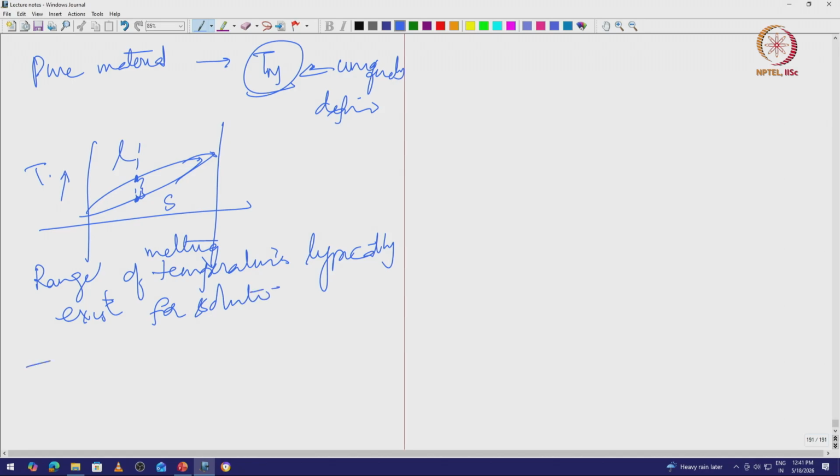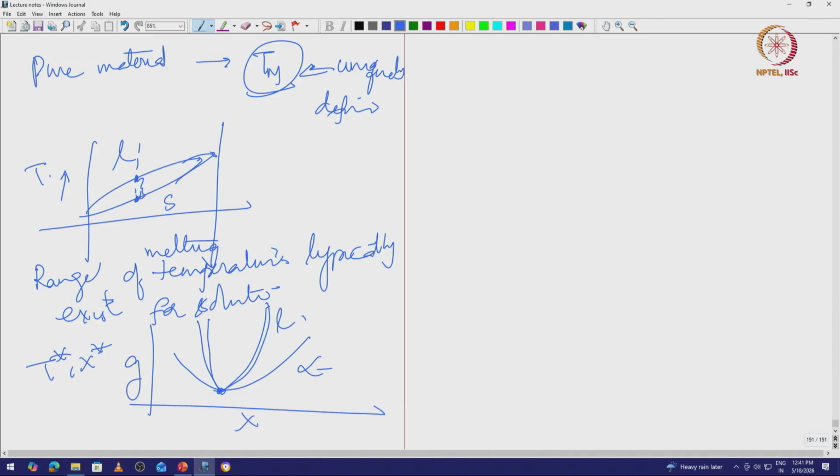But at the T star X star point, where alpha phase is this way and liquid phase is this way, this is liquid, this is alpha, so this is again G versus X. At that temperature T star, I have a unique composition. At a given temperature, what is the composition of the liquid phase, what is the composition of the solid phase, I will have a range of compositions.